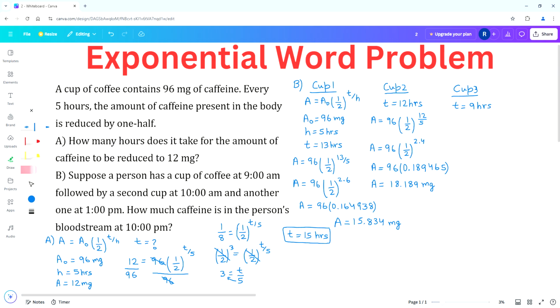Now we can sub in the values in the formula and solve for A. 9 over 5 is equal to 1.8. 1 over 2 to the power 1.8 is equal to 0.287175.